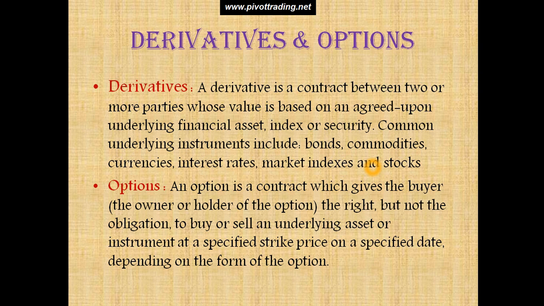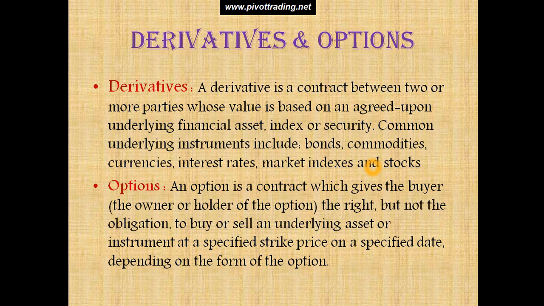Okay, now within derivatives, as I mentioned, it's a broad term. There are multiple products within derivatives. To name a few, we have futures, options, forwards, and swaps. So there are multiple things in derivatives.